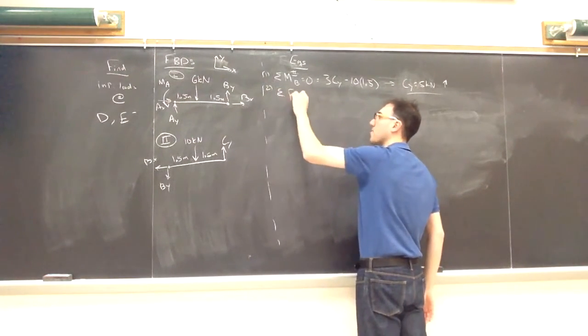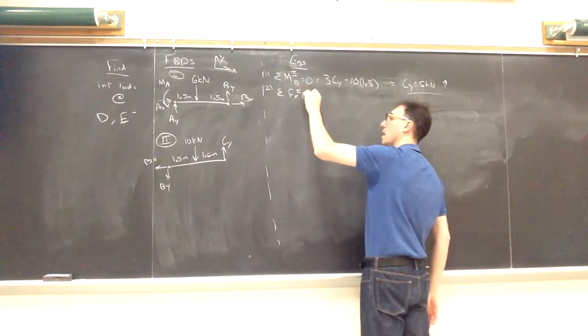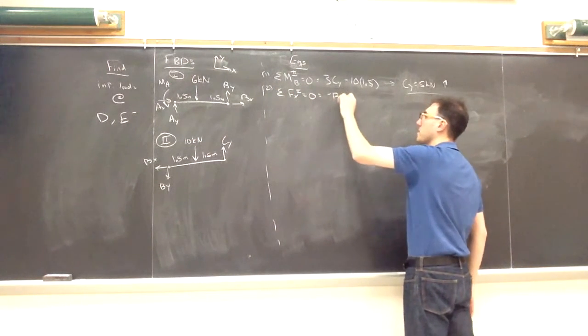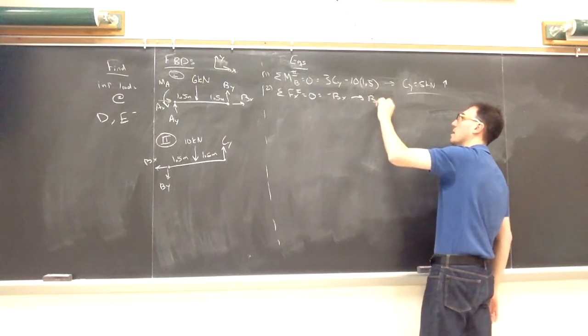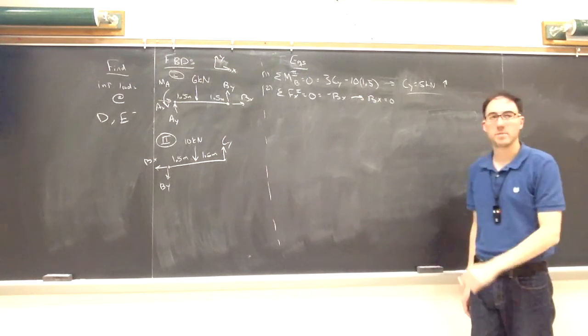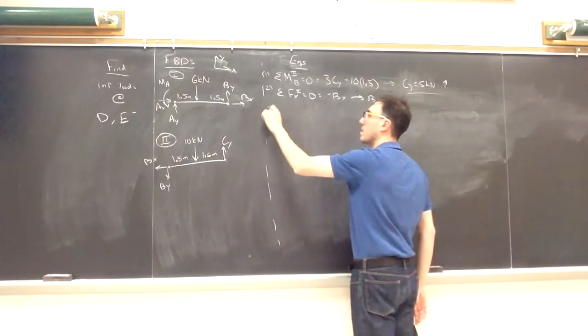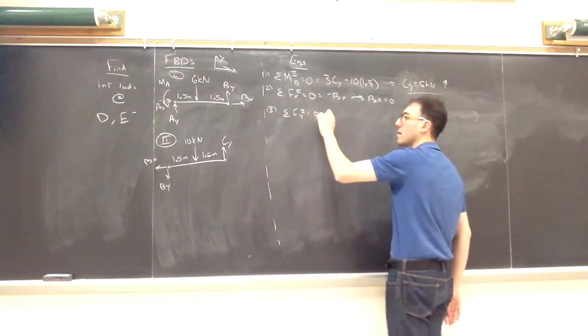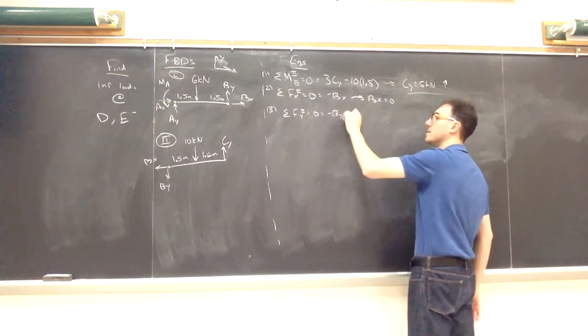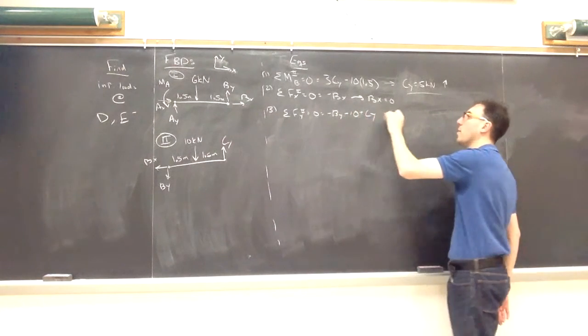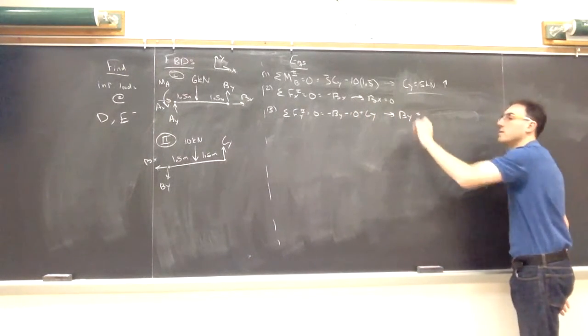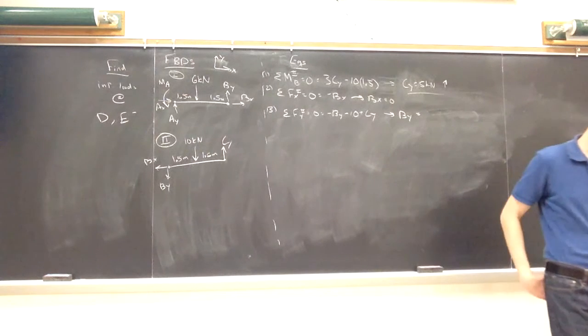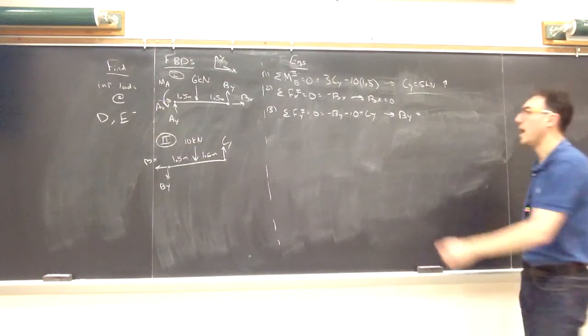In the x direction, I'll have a negative Bx, which means Bx must be 0. And forces in the y direction, I'll have a negative By minus 10 plus Cy. So that internal pin connection By is going to be a negative 5 kilonewtons.